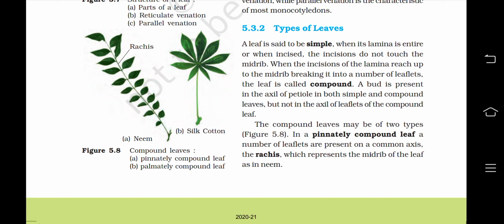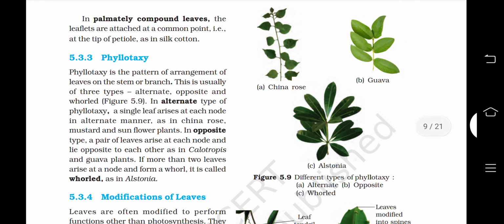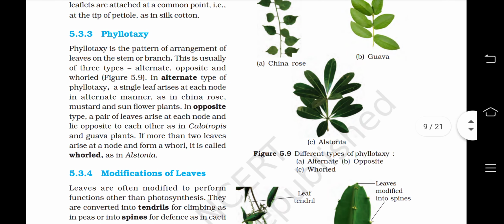You can see A is of neem, B is of silk cotton. In palmately compound leaves, the leaflets are attached at a common point, that is, at the tip of the petiole, as in silk cotton.